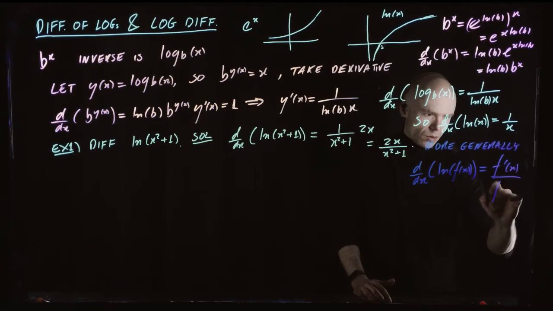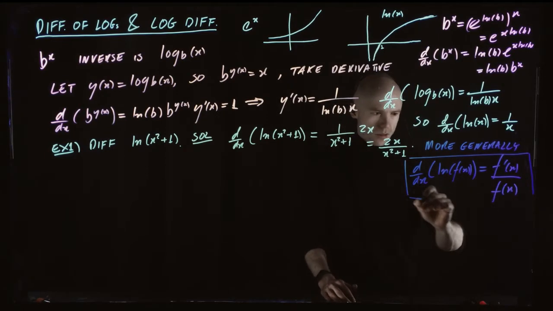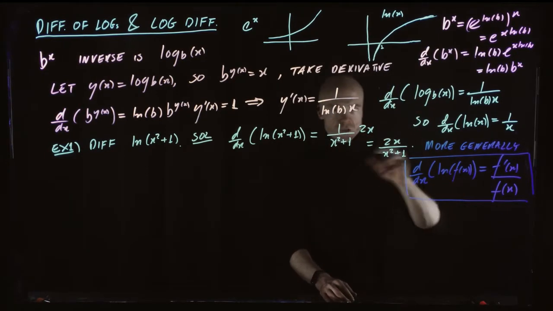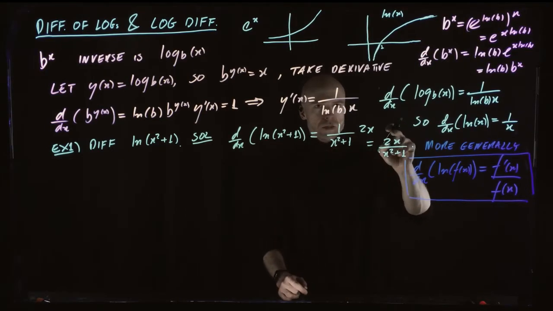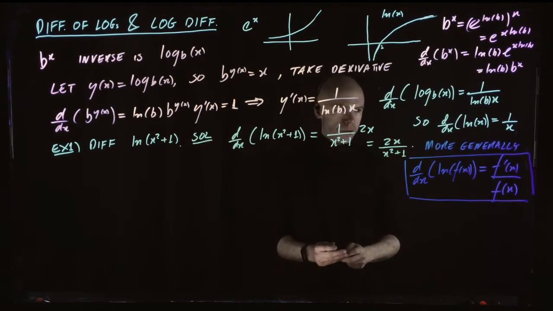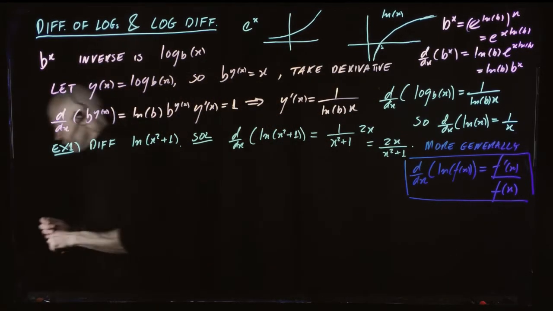And this is well worth getting familiar with because we're going to see this later and it comes up a lot. So in this case, f is just x squared plus 1. We differentiate it, we get 2x, so it's f prime over f. Cool. So, first example is done.